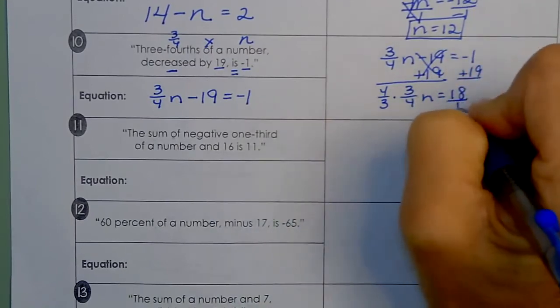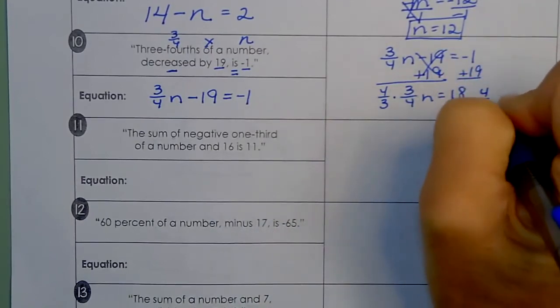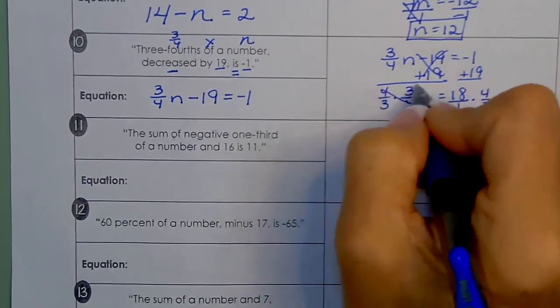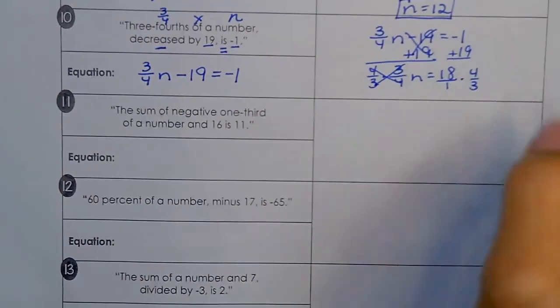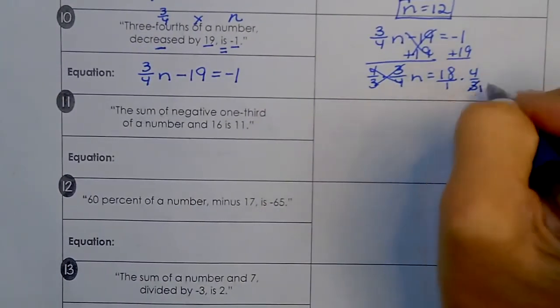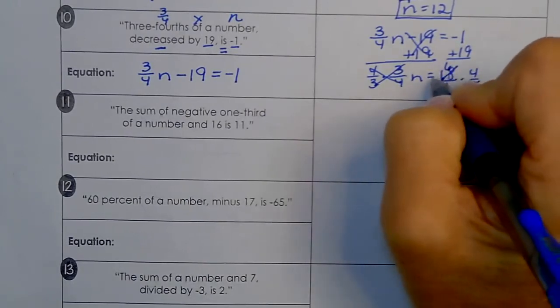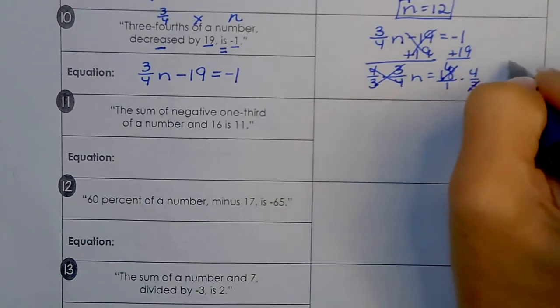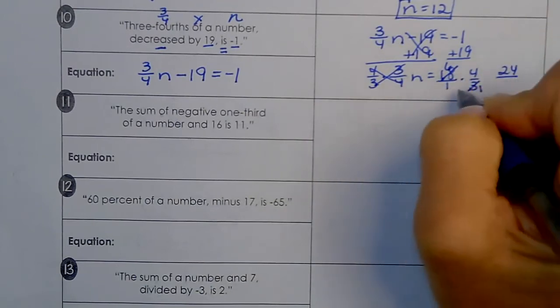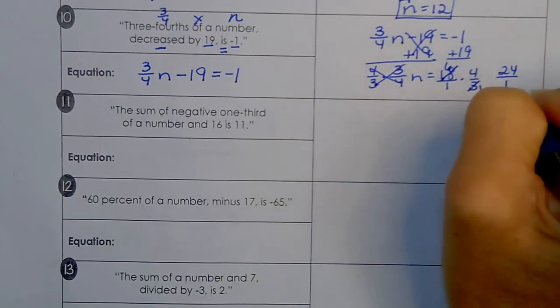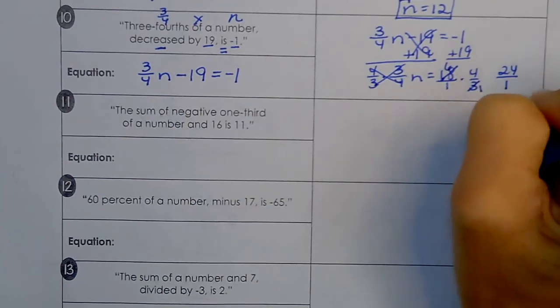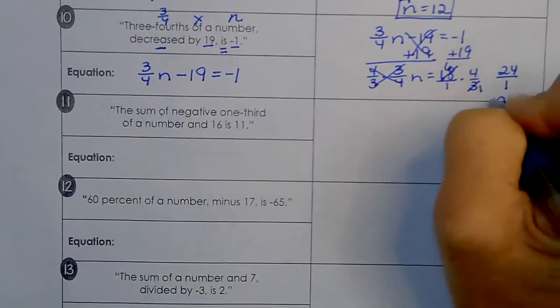So I also need to multiply this side by the reciprocal. Okay, I'm going to divide by 3 and get 1, divide this by 3 and get 6. So n equals 6 times 4 is 24. 1 times 1 is 1. So n equals 24.